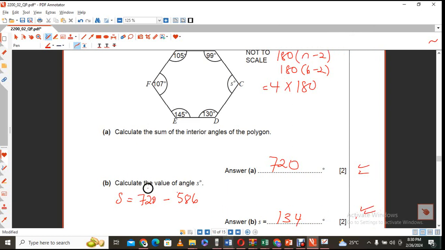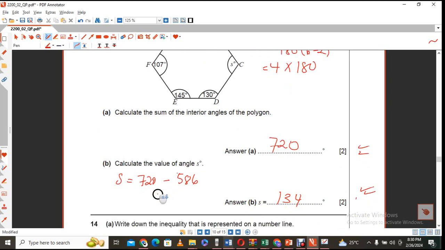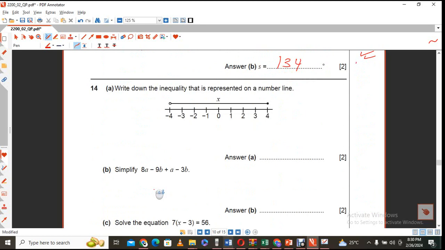So you get something definitely for your working or your methods as well, so show them as far as that is concerned. Question 14a, write down the inequality that is represented. The x is in the middle, and the inequality always faces to the right. The big number comes on the right, the small number comes on the left.